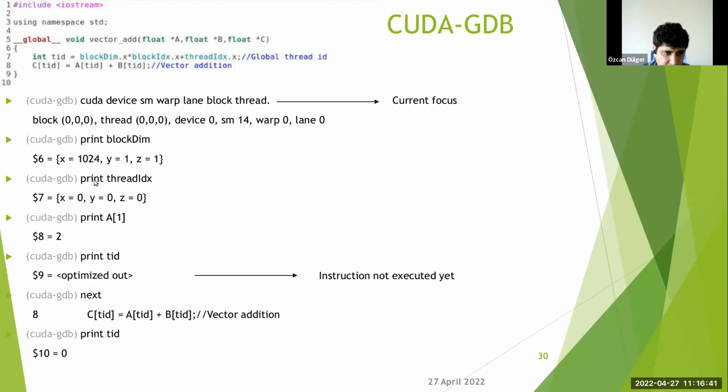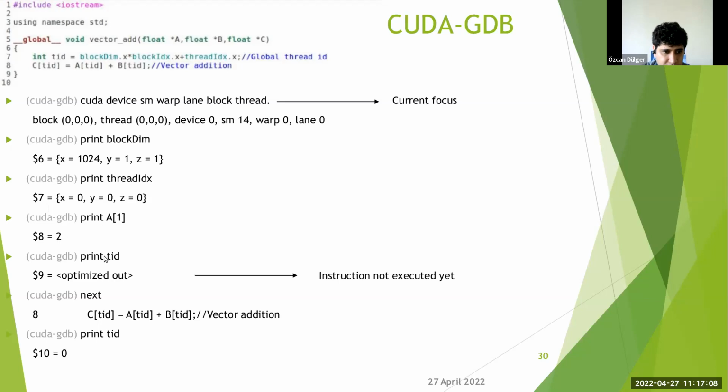You can also print the IDs of the current thread in the focus. Since it is the first thread, all of the parameters are 0. We can also print the value of the array. We are printing the second element of the array, which is 2.